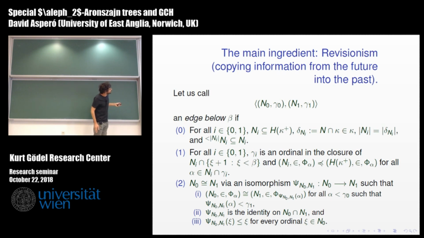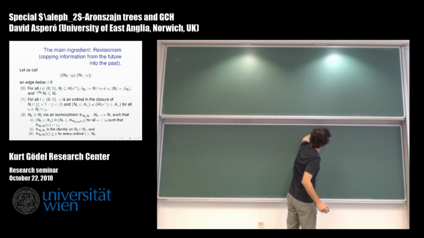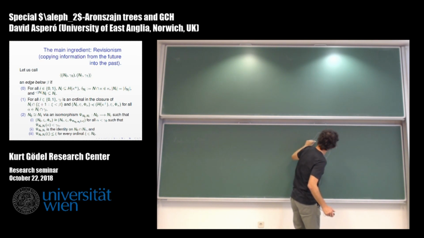Also, you require that the isomorphism is the identity on the intersection with kappa, and that the image of psi is less than or equal to psi for every psi in N0. So N1 is sort of a projection of N0.